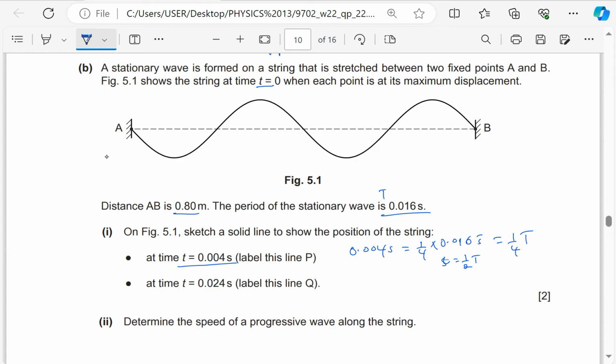If I try to find the phase difference, this would be 2 pi times half of a period divided by T, which gives me pi. And pi is destructive interference. So this is destructive. Pi radians is destructive interference, so it is going to be a straight line, a horizontal line.